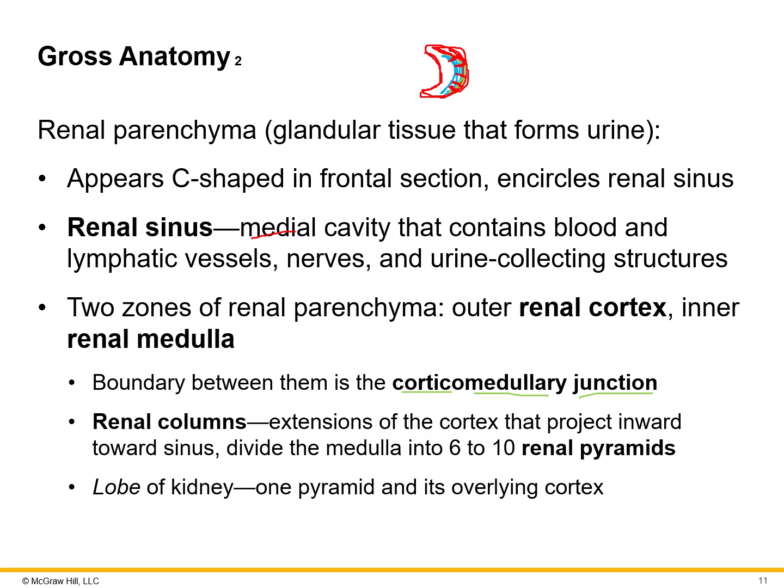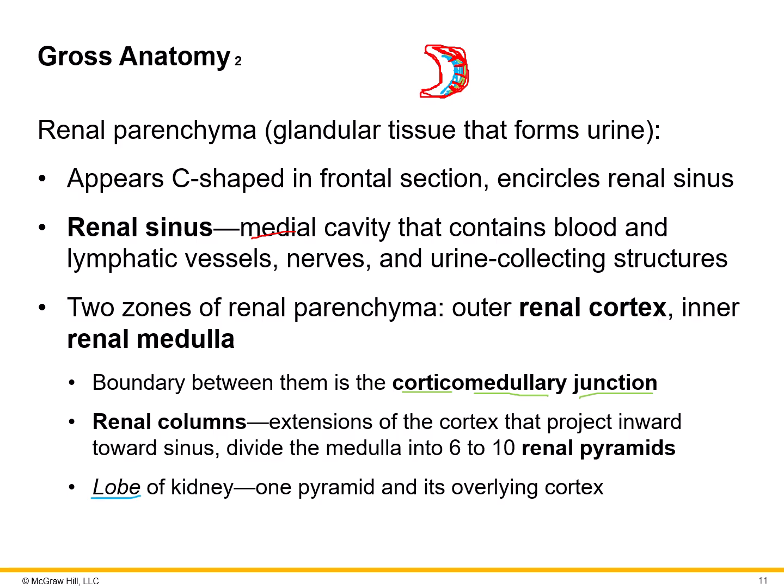Okay, so they will have these extensions inward. They're called renal columns, and they divide our medulla into these pyramids. So the pyramids are just these spaces between the renal columns, called renal pyramids. All right, so we then divide our kidney into lobes based off of these columns and pyramids.